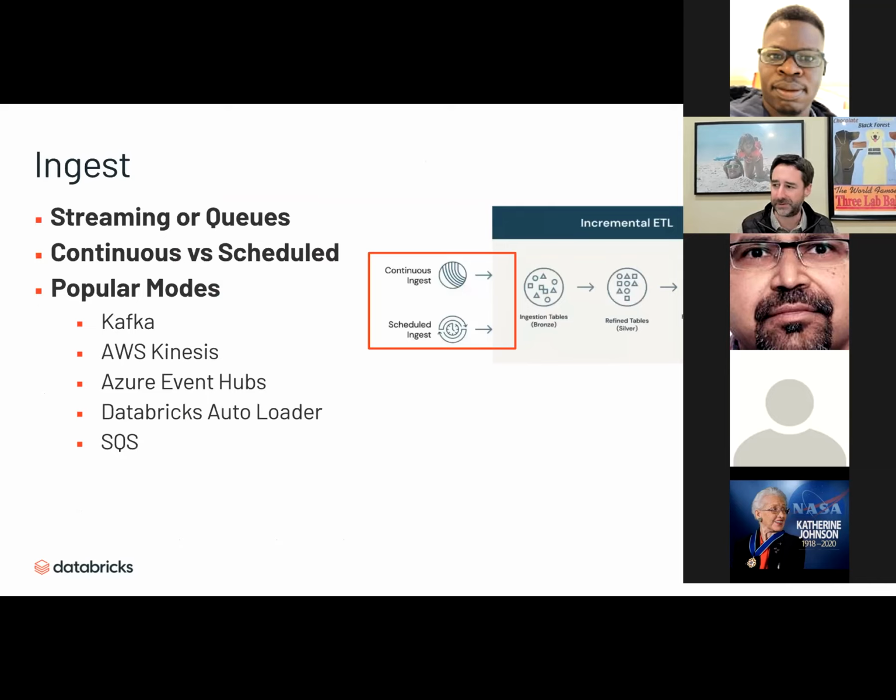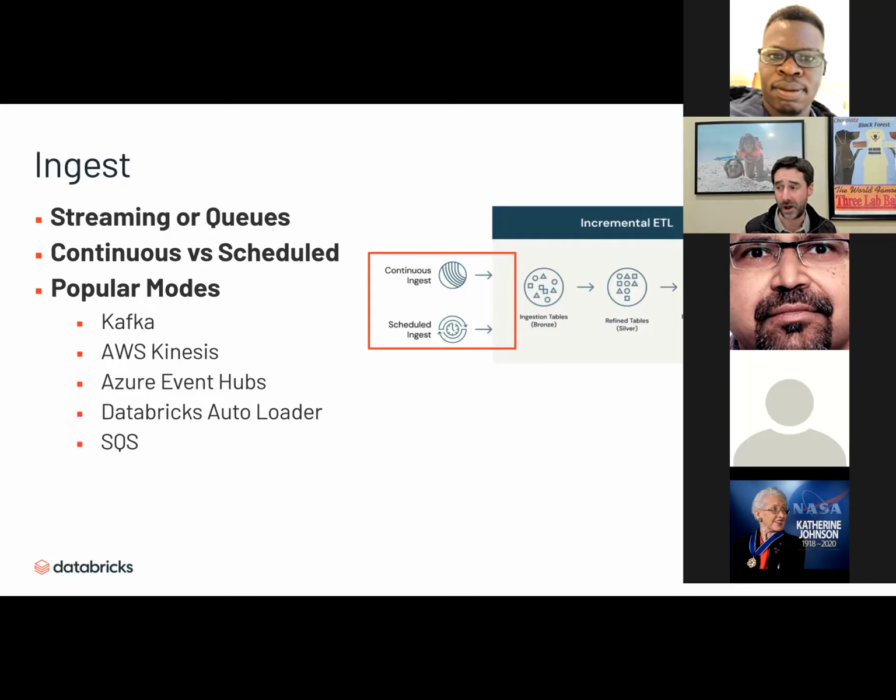A couple pieces I just wanted to point out of how these things work together. The ingest is usually either a streaming technology such as Kafka or Kinesis on AWS, or I would call them file or queuing types of technologies.